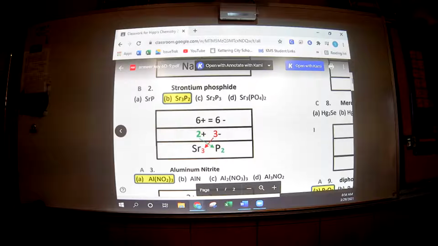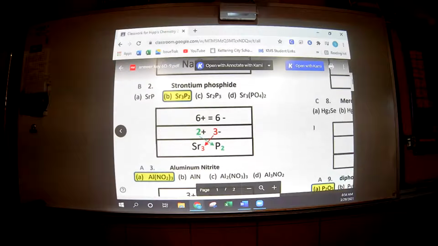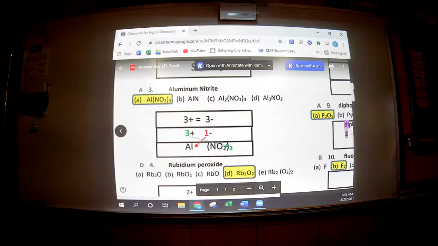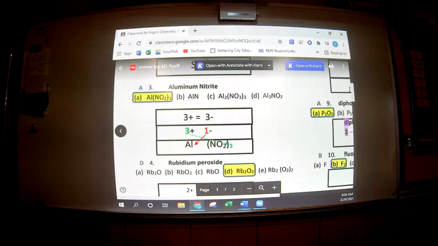Does this answer key help at all? Maybe, I don't know. What about number 3? How are we doing on 3?